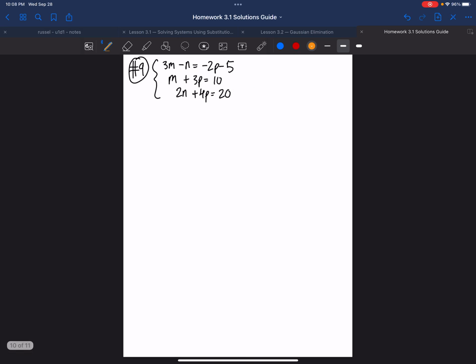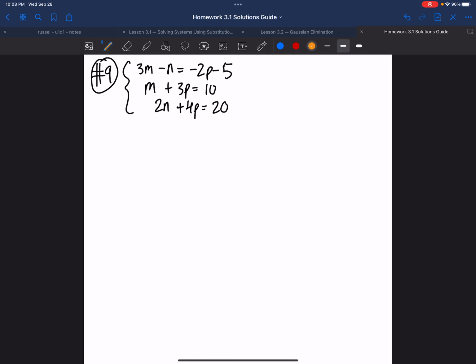Ooh, 9. Okay. Now, this one, 9 and 10, is where this starts to get legitimately difficult, okay? We have to use elimination multiple times to solve for something. Now, the difficulty of number 9 is you have a 3 by 3, but it's M, N, P, and then it's MP, and then it's NP.